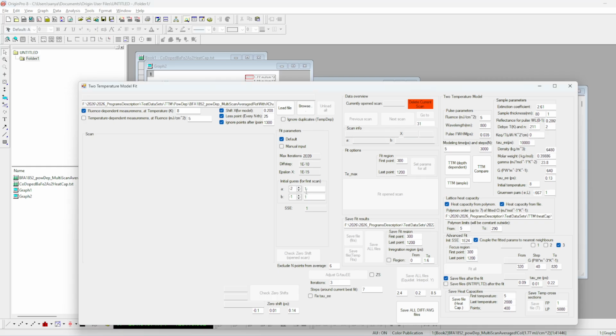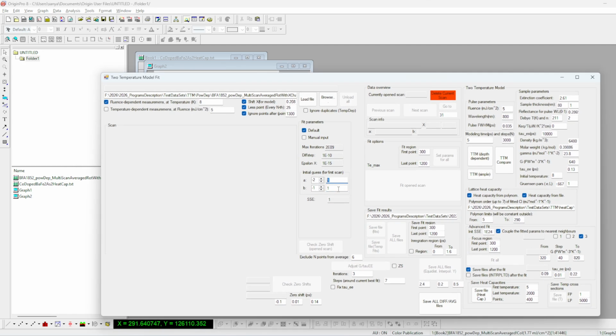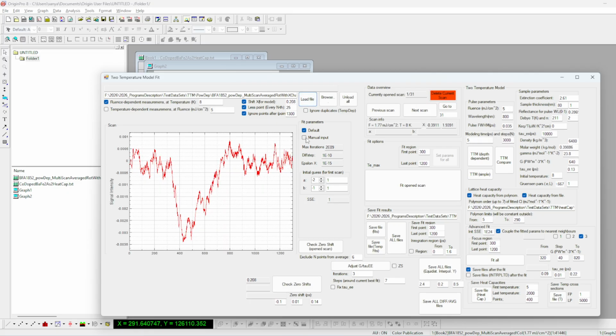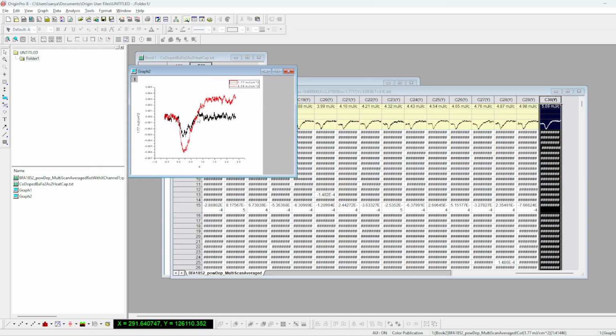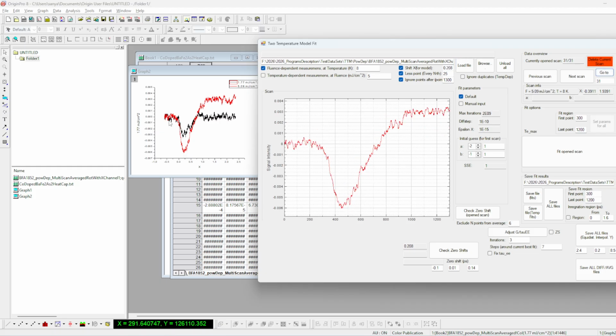The thermoreflectance coefficients will fit the two temperature model to the thermal reflectivity signal, but more detail about this in the next videos. Here I just show that I can open the same files. This is the first file, I open it here, and then I go to the last file, which is also opened.